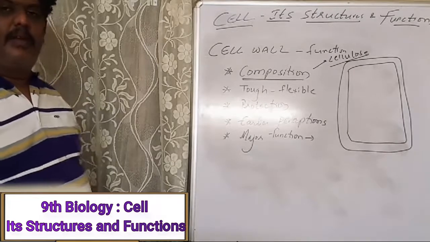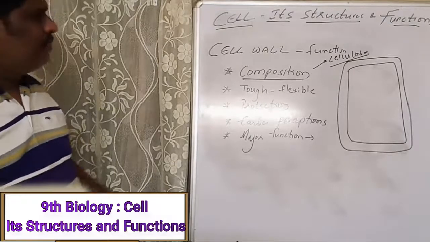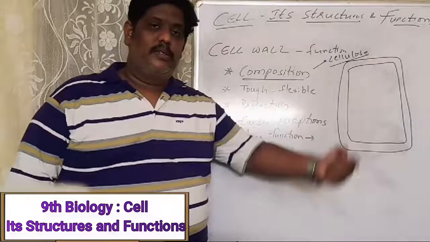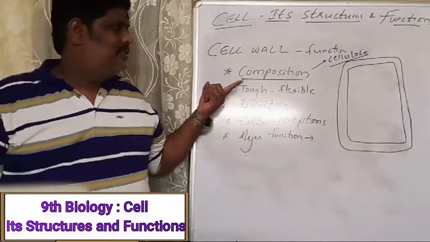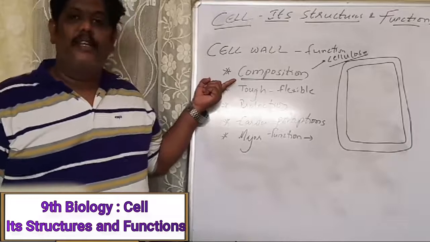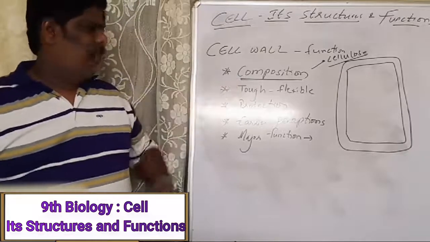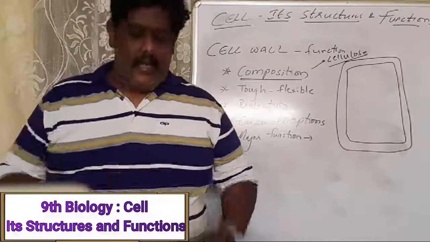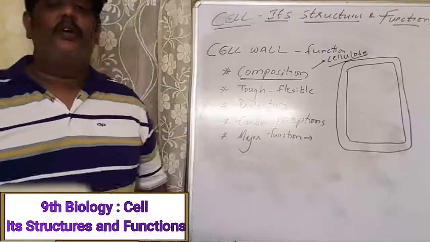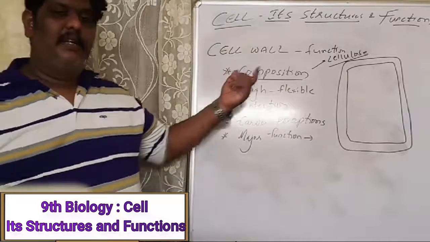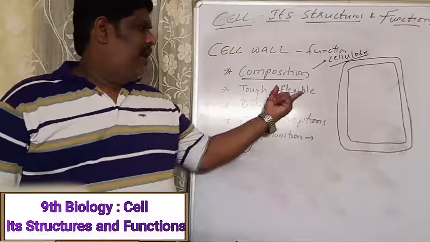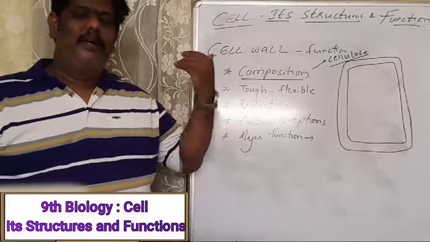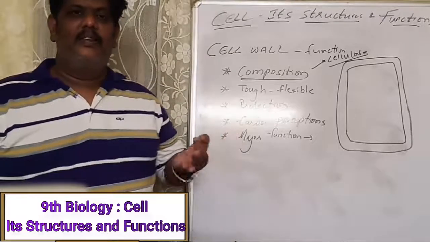It is a carbohydrate which is complex in nature, and the name of the carbohydrate is cellulose, and this cell wall is made up of cellulose. That's the first point. Second point is that it is really very tough. It is a very strong membrane which is present around the plasma membrane, and moreover, it is not only tough, at the same time it is flexible.